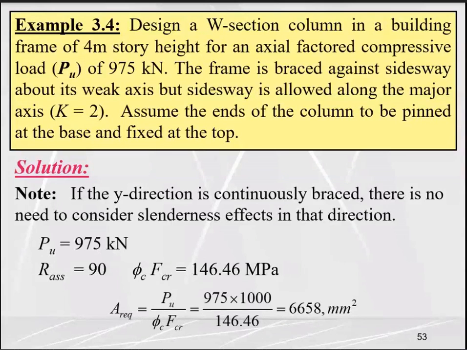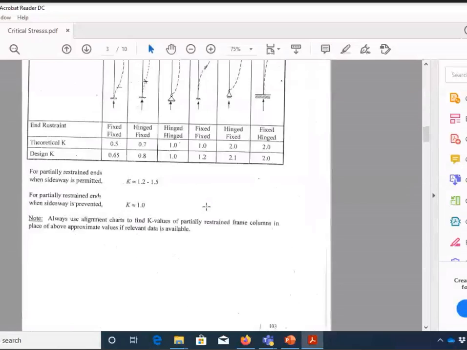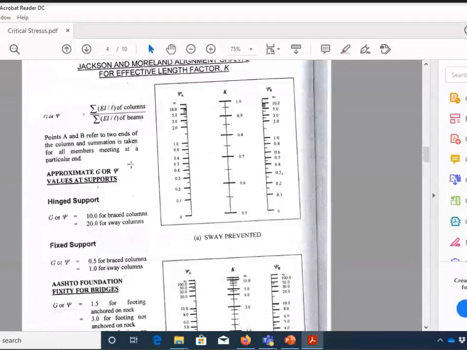So in that case, you know that we compute the G value or psi value at the top or at the bottom end of the column, which is the ratio of the flexural stiffness of the column to the flexural stiffness of the beam. So if you want to compute the k value, I would like to show you this page again. If we have the formula over here, yes.